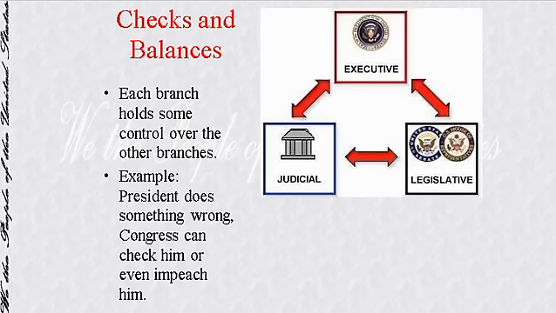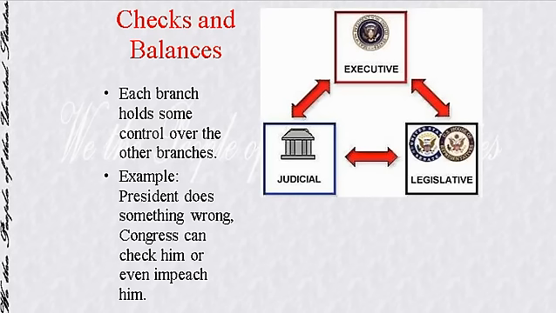Checks and balances is the next one. Another cool thing about splitting up power and giving it to 3 things rather than just one person or one branch is that the branches kind of look over each other and they check. That's why they call it check. They check up on each other to make sure the other branches are doing the right things. So each branch holds some control over the other branches. For example, if the president does something wrong, Congress can check him or even impeach him.